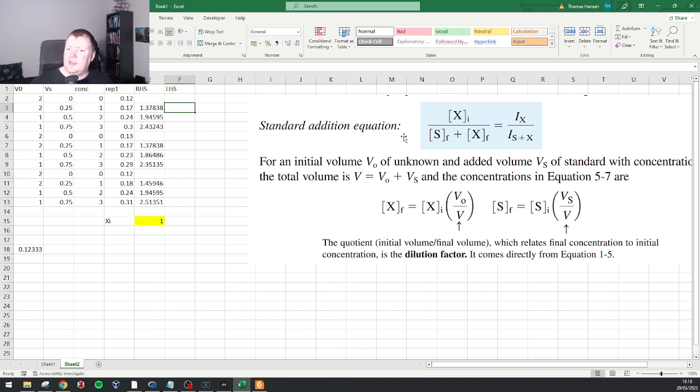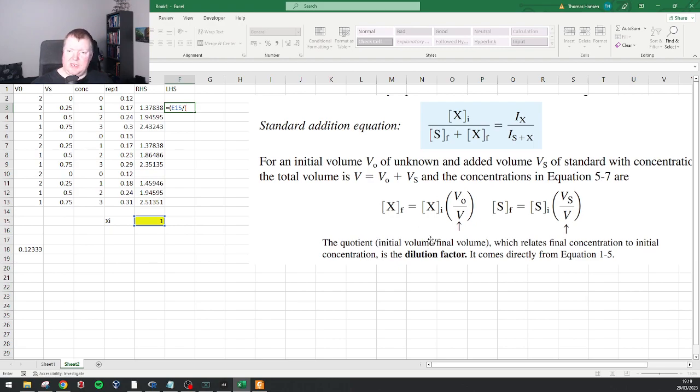There we go. So for the left-hand side, I would like to have the concentration of my initial amount, and I would like to divide that by my SF. And the way I can calculate my SF is I can take my initial concentration, you can see it here.